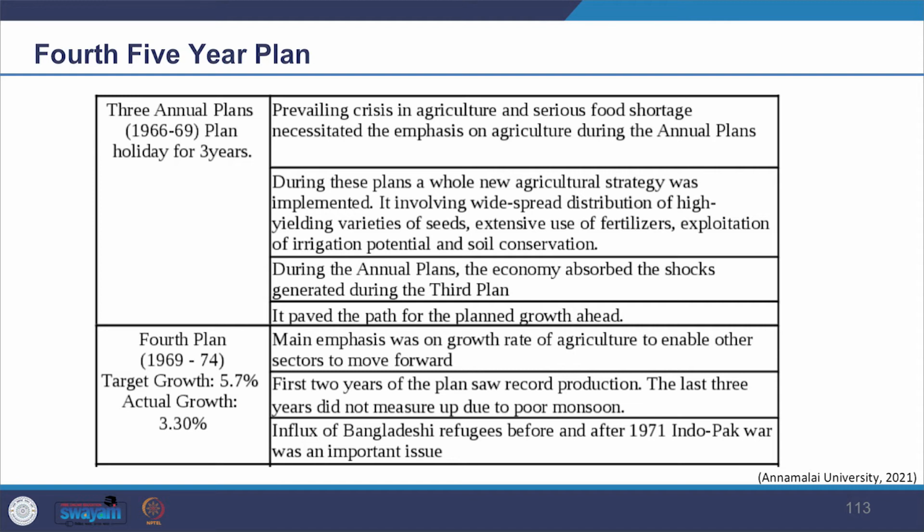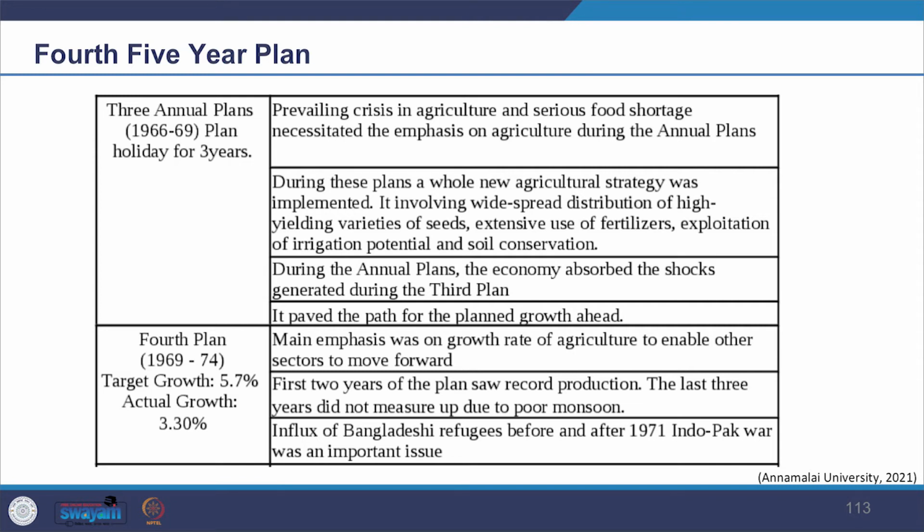Moving on, we see the fourth five-year plan, the plan period for which was 1969 to 74. It refocused on growth stability and progressive achievement of self-reliance. So now we were focusing on self-reliance, and we see there was promotion of agriculture, and also we were trying to control population through family planning programs.